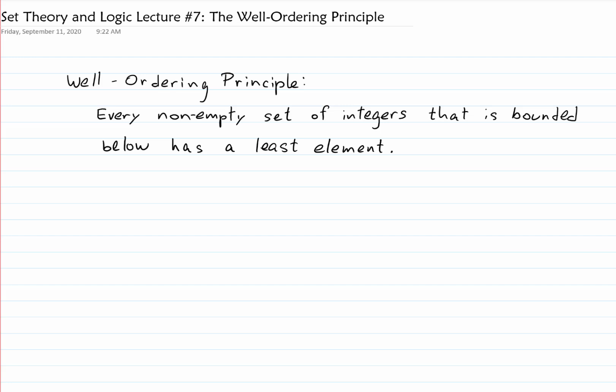What if I crossed out integers and wrote real numbers? Then this would no longer be true, because I could write a non-empty set of real numbers that is bounded below, like the closed interval from 0 to 1.